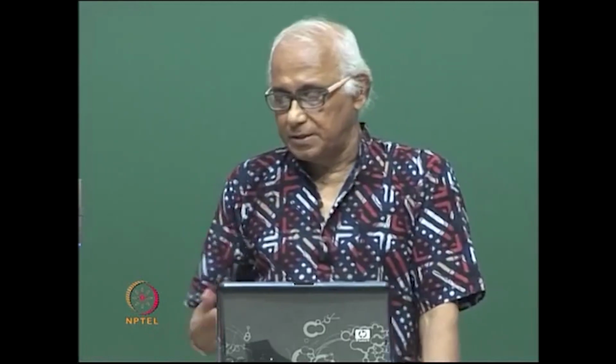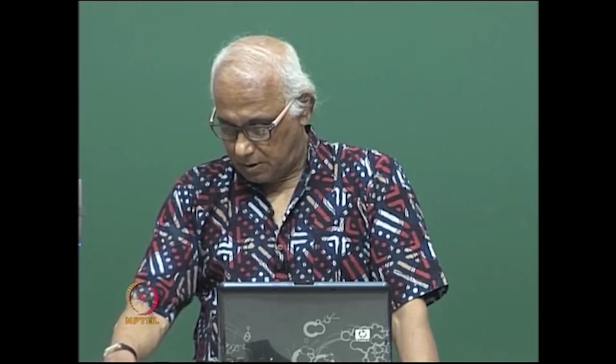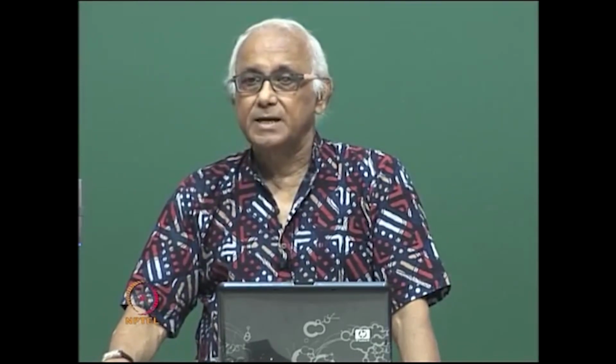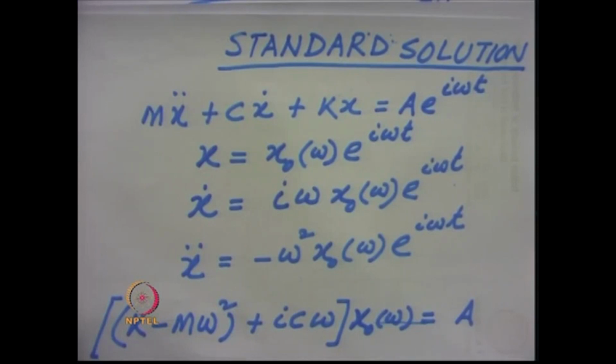IFFT provides the response in the time scale. Now, in order to understand the procedure, let us look into the standard solution for A into e to the power i omega t.